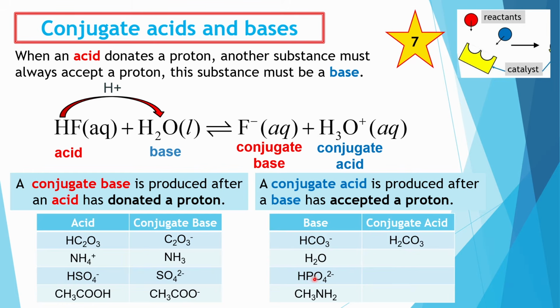If we add the hydrogen or the proton to H2O, it becomes H3O plus. If we add it to HPO4 minus, that becomes one more positive and one more hydrogen, H2PO4 minus. And if we add it to CH3NH2, one more proton, it goes to the ammonia side, so it's CH3NH3 plus. And that's conjugate acids and bases.